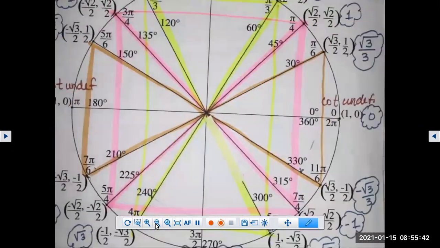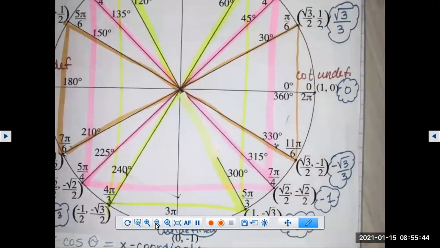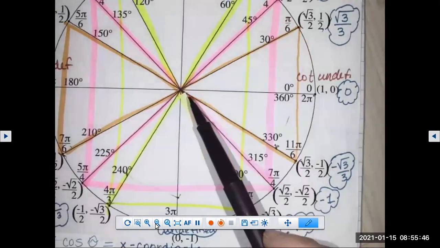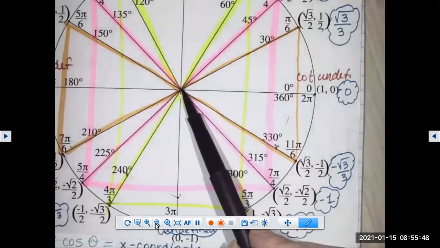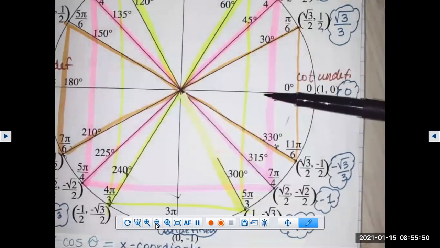If you are starting, you remember in any angle, we learned in 4.1, you start on the positive x-axis.